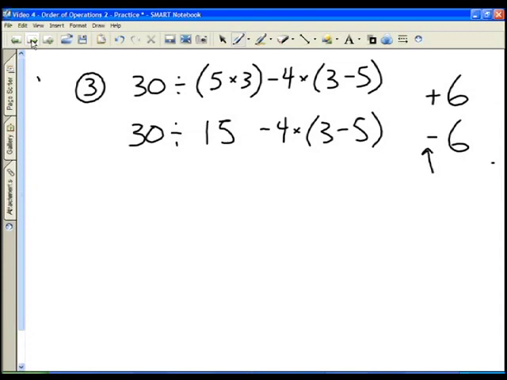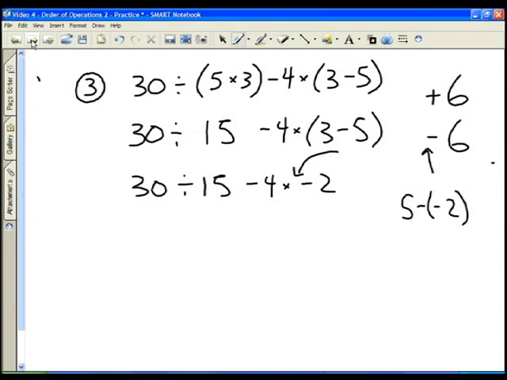And now I have 30 divided by 15 minus 4 times 3 minus 5, and so I have to remove my second set of brackets there. And 3 minus 5 is negative 2. And see here, it's not the double negative trap really, but just like I cannot have 5 minus minus 2, I need to put brackets between the signs.